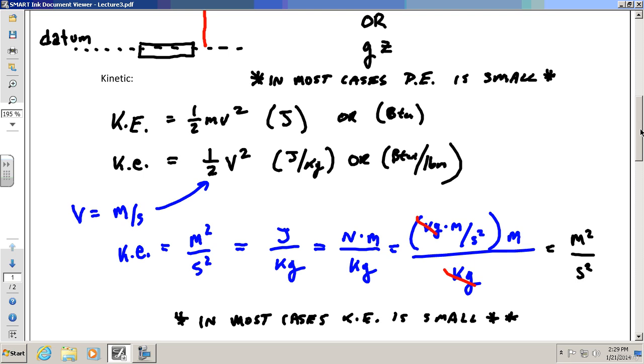But in most cases, it's not very big. So as you go on, hopefully you'll see and go, oh yeah, this is clear. I don't know any velocities, so therefore it must not be that critical. Okay, let's go on.